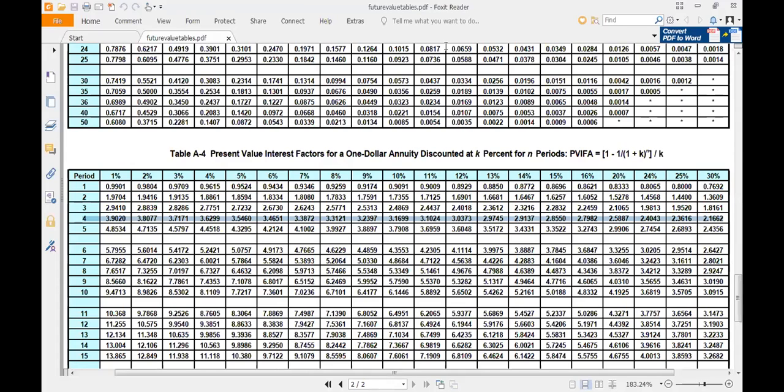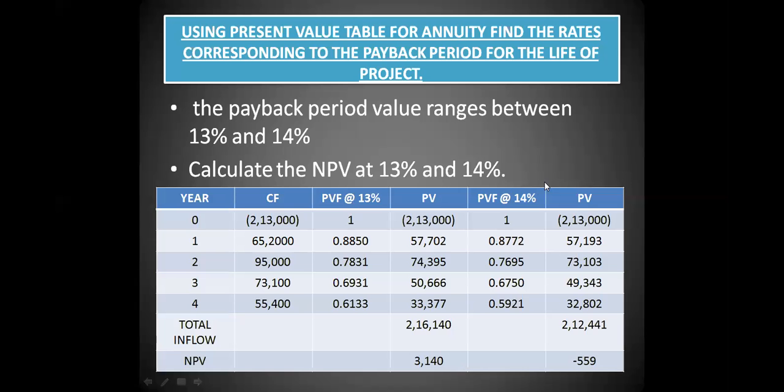Now, moving back to the question. Here, the payback period value ranges between 13% and 14%. So now the next step is that we will be calculating net present value at 13% and 14% for the respective cash flows.